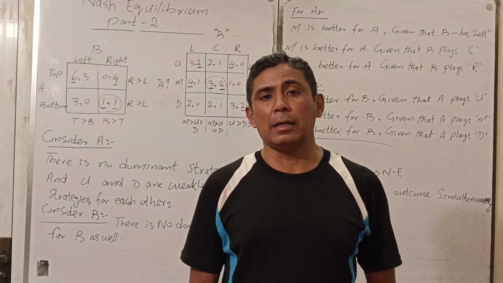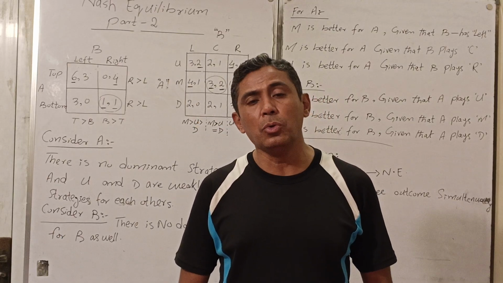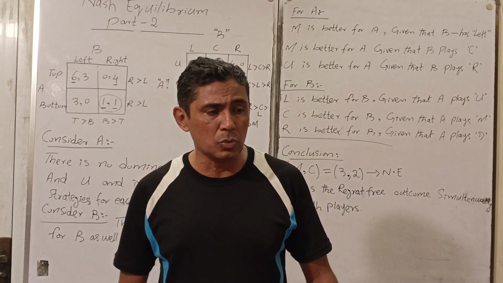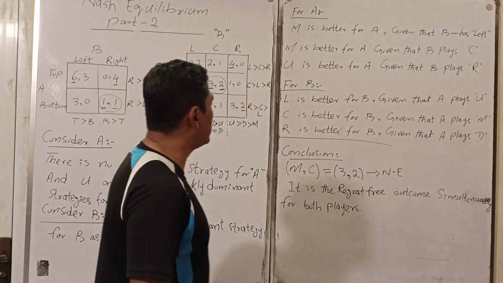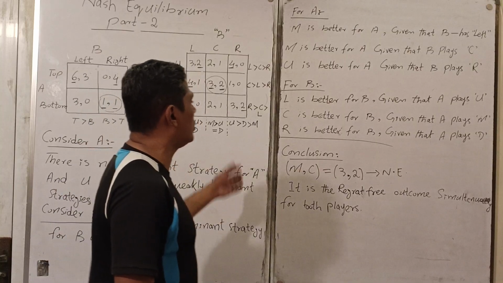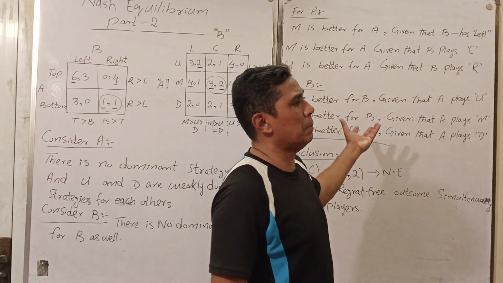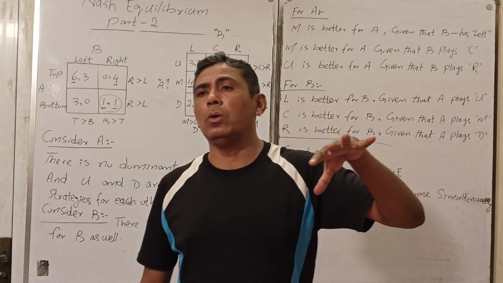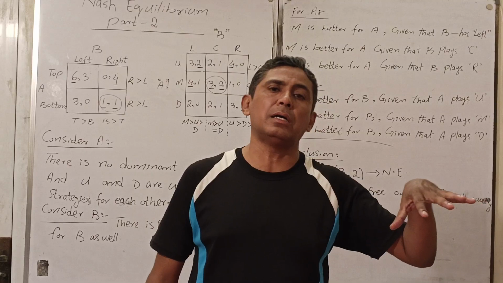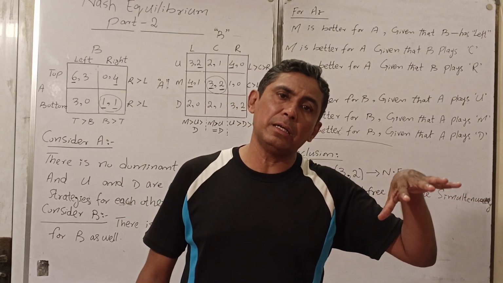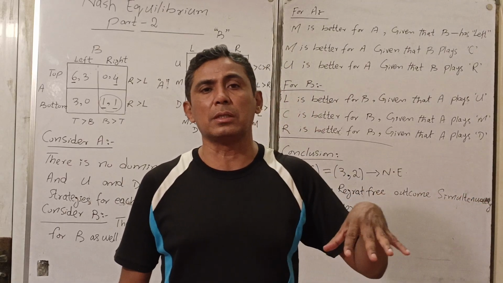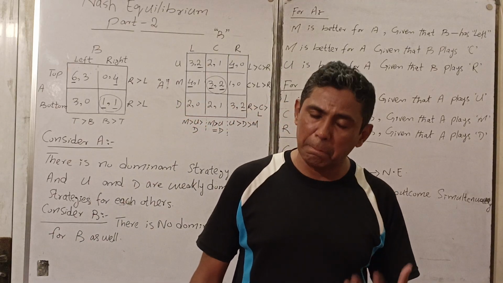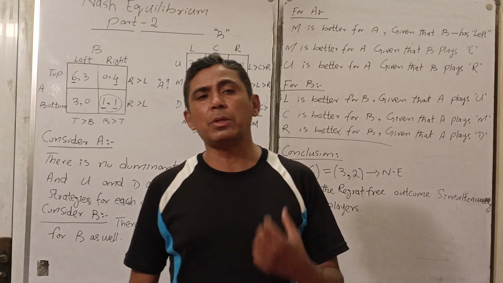Clear? So guys, that was from my side. Hopefully everything is cleared for you, and we will meet in the coming class. That was the pure strategy solution. Now I will discuss in the coming class the mixed strategy solutions, which I have discussed in my previous classes of game theory.